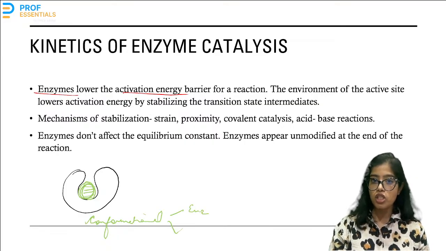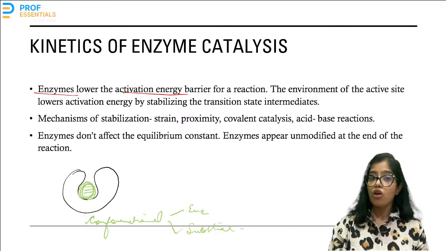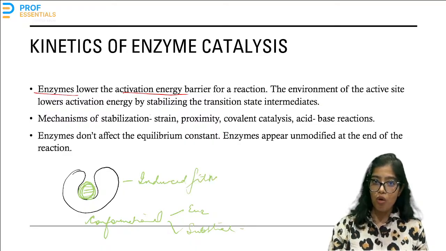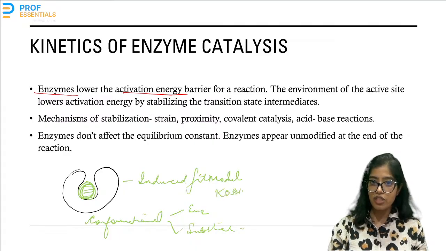So a conformational change in the enzyme in turn introduces a conformational change in the substrate. And what was this model? It was the induced fit model of Koshland. This we read in the last session.